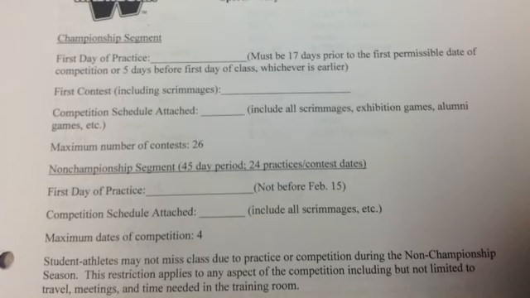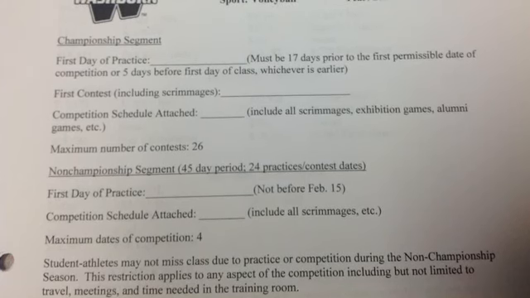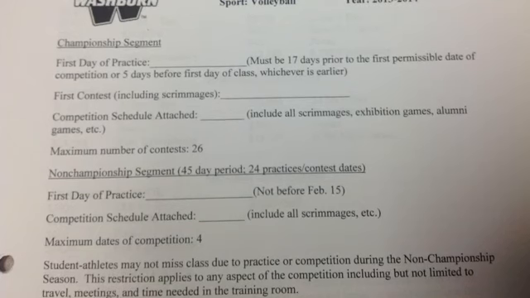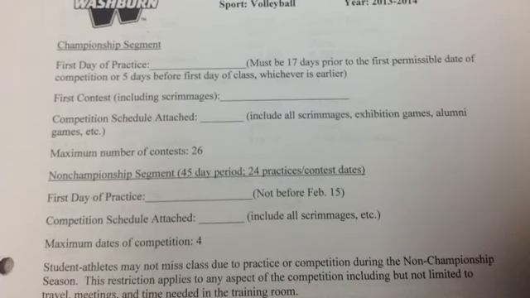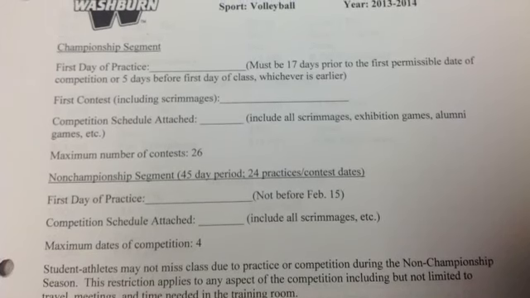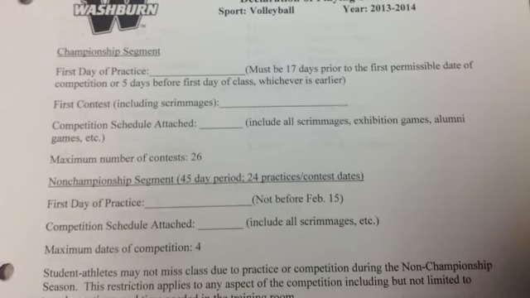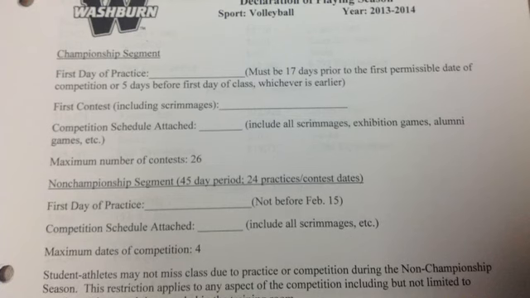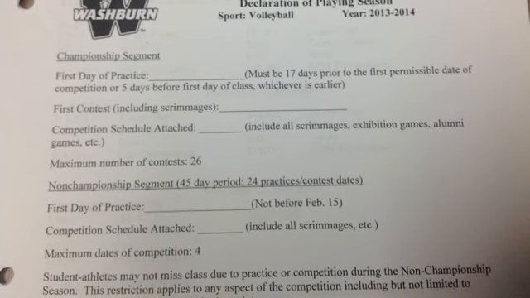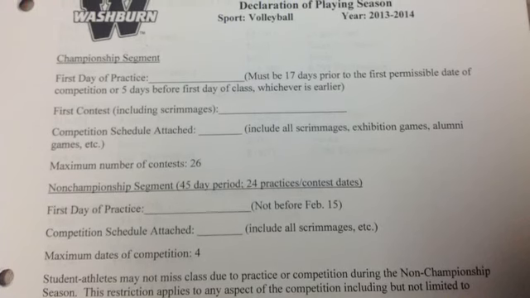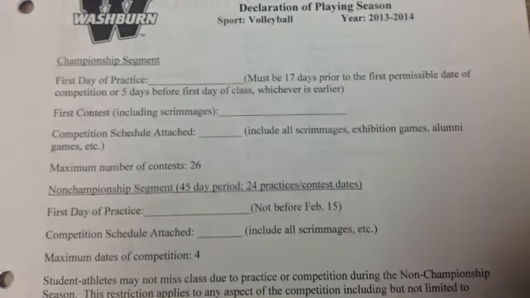The compliance coordinator will look at what you put for your first competition in order to have your student athletes certified for competition. So be sure that your scrimmages and exhibition games are included. Fall and spring sports will only need to fill out the fall portion and will complete the spring section at the end of the fall semester.